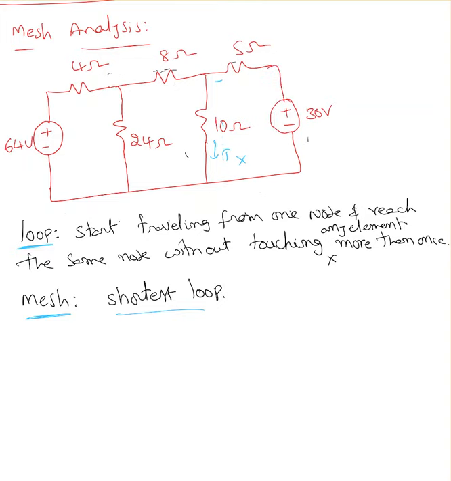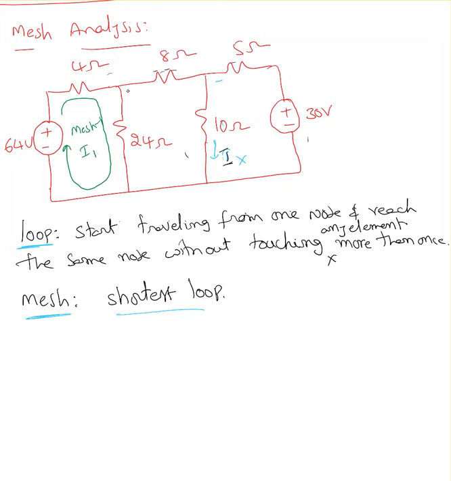In this example, we have to find ix. What is the ix value? That's the goal. So here, step 1, find the number of loops and assign loop currents. This is my loop 1, or mesh 1, it doesn't matter, you can call it loop or mesh. For mesh 1, I'm going to assume the mesh current as I1.